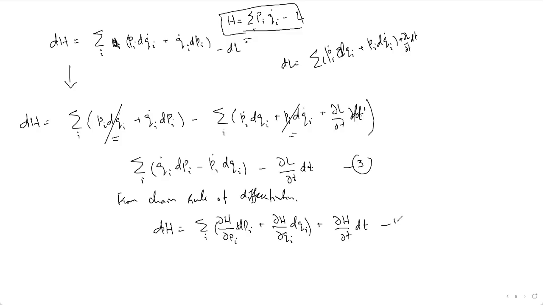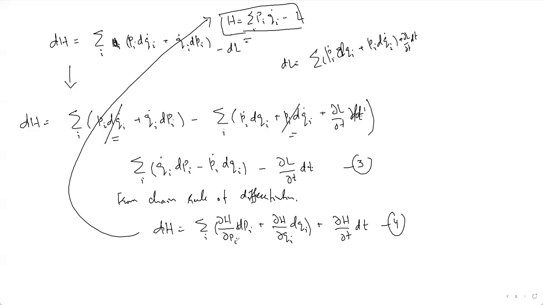This is what I directly obtained from this equation. So H is a function of the canonical momentum p_i, the generalized coordinate q_i and the time t.